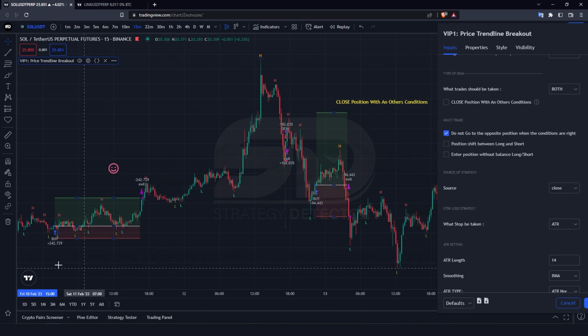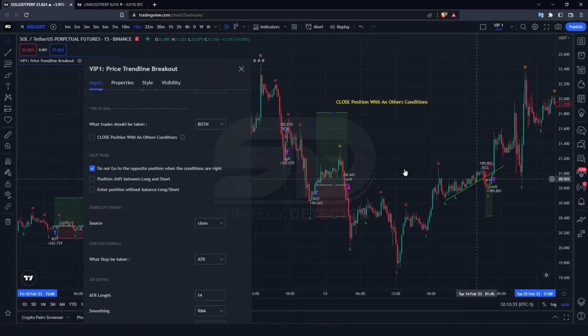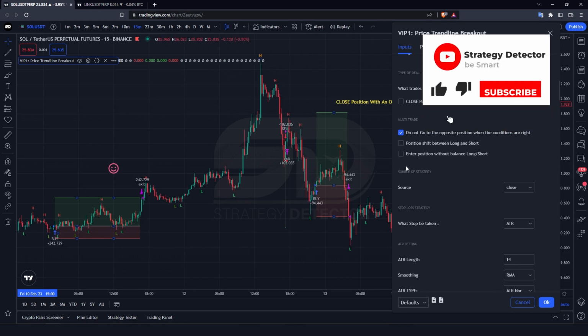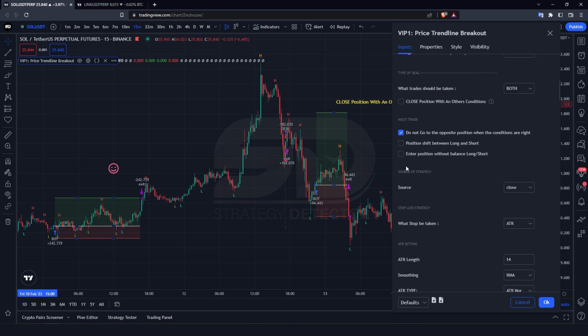Now we have one long and one short, and again one long and one single short. The whole purpose of this option is not having, for example, 8 or 10 longs in a row. When you take a long position, for the next position it waits for a short position to enter.